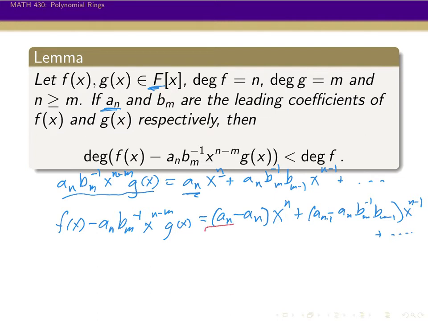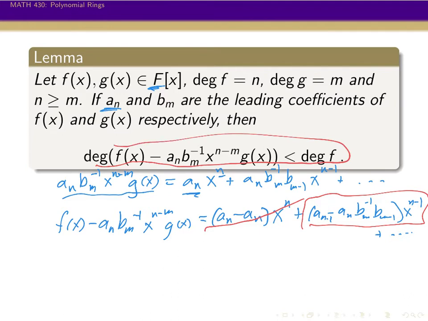You see that these two cancel themselves off. And so we're left with the lead term now, or possibly lead term. It's either going to be this one, maybe that one cancels off too, but whatever we're left with, it's going to be smaller than what we had before. Okay, and so this has to have degree smaller than n, and that gives us our lemma.